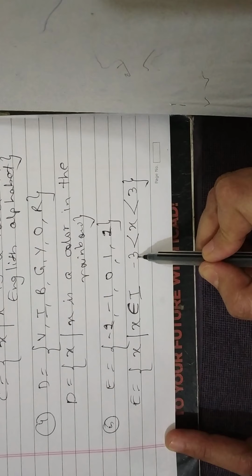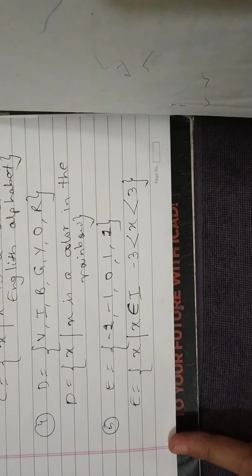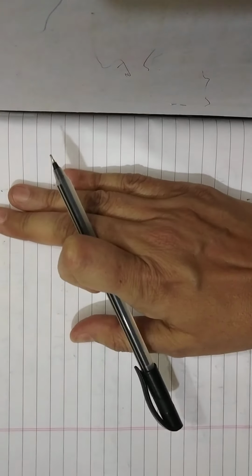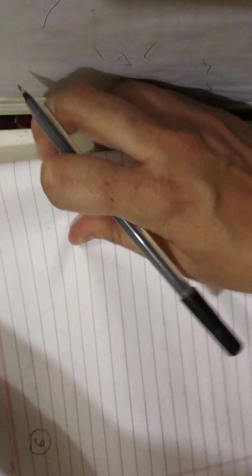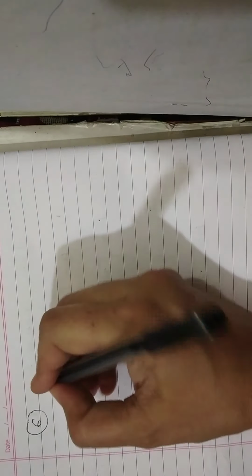So, X is greater than -3 but less than 3. Now, we'll take simple examples. Sixth number.